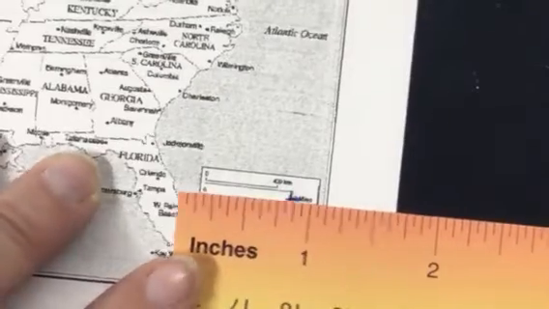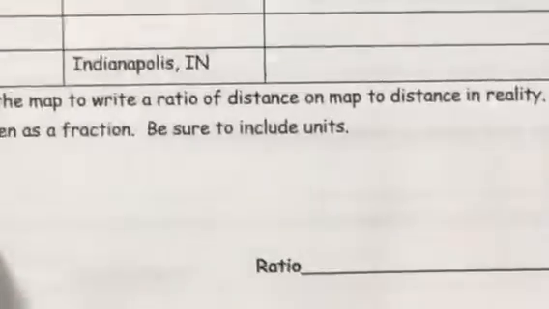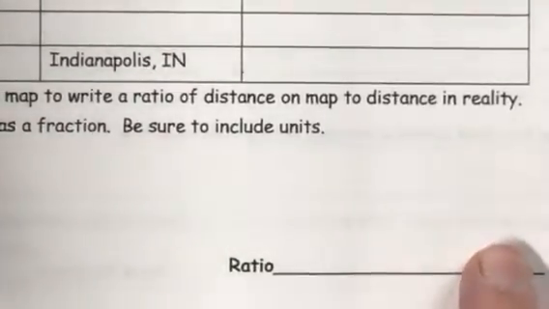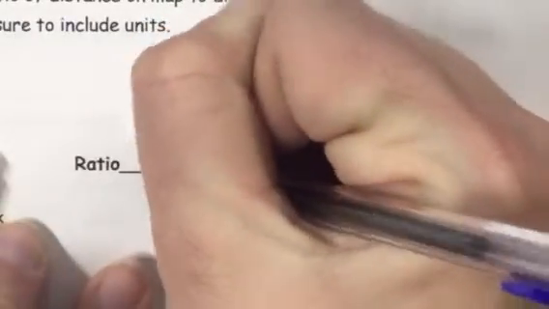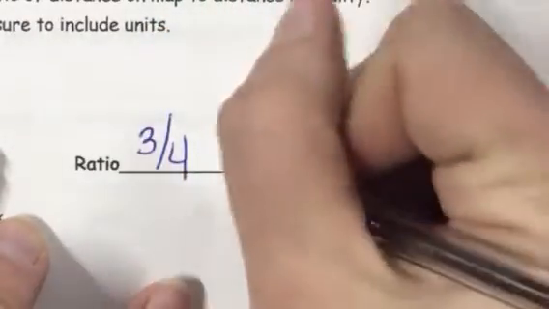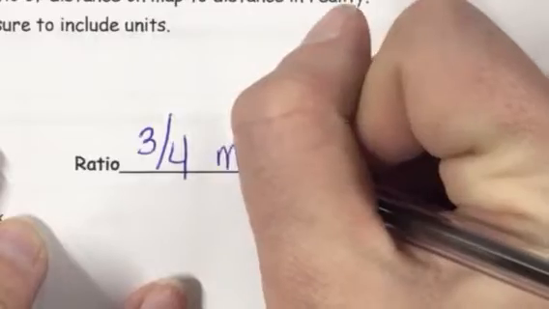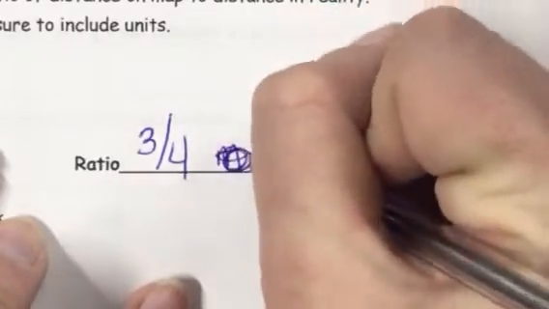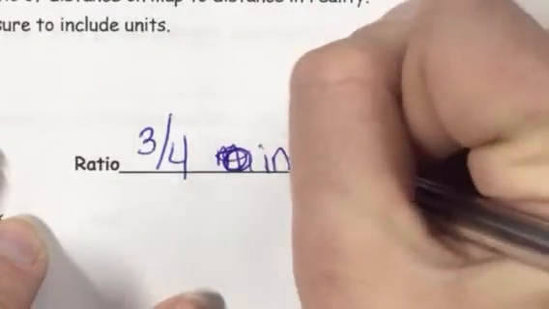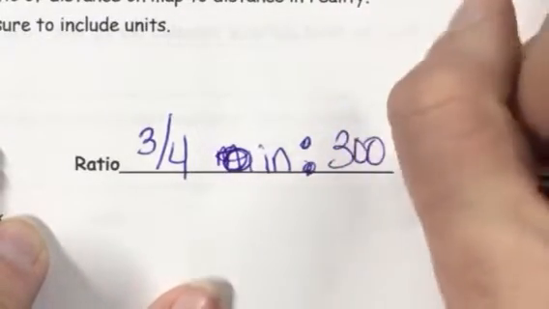Okay? So we're going to go to the very first page and we're going to write at the bottom where it says ratio. We're going to write 3/4 of an inch to 300 miles.